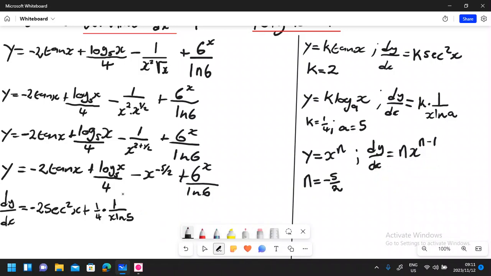Let's not forget we have a subtraction here, right? And then we multiply by n. But what is n? It's negative 5 over 2. So negative 5 over 2 multiplied by x. What is x? Well, x is x. And then we have n, which is negative 5 over 2, minus 1.